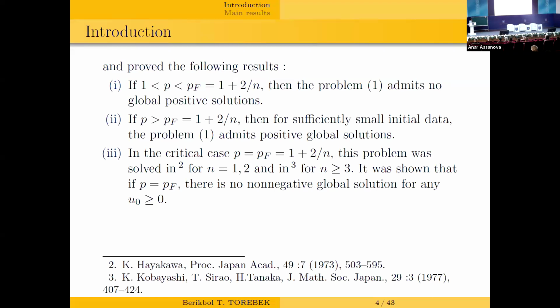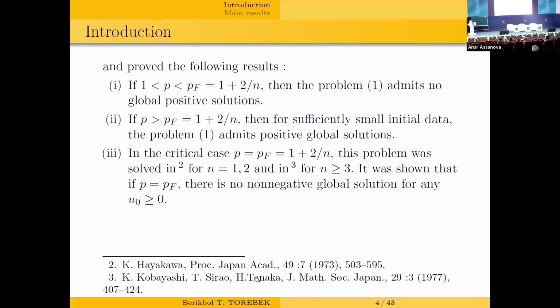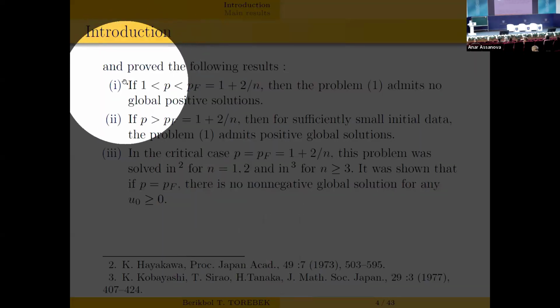The critical case was proved later by Hayakawa in the one and two-dimensional case, and later by Kobayashi, Sirao, Tanaka for the multi-dimensional case. And in this case, they also proved that the critical case also belongs to this first part.